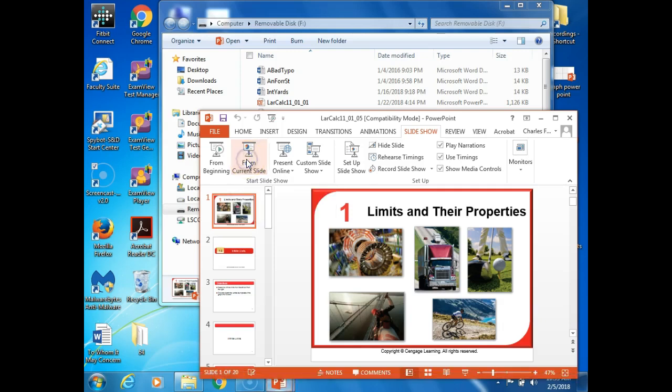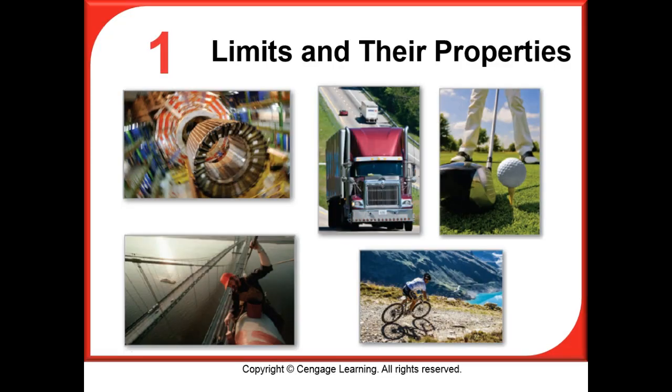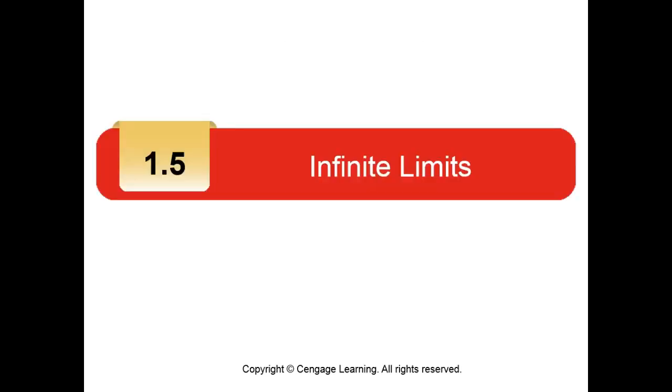These sections in every trig book, calculus book I teach, I really have problems with them because the title of it is Infinite Limits. Well, number one, if it's infinite, it doesn't have a limit. So that almost seems like it's a contradiction in terms.